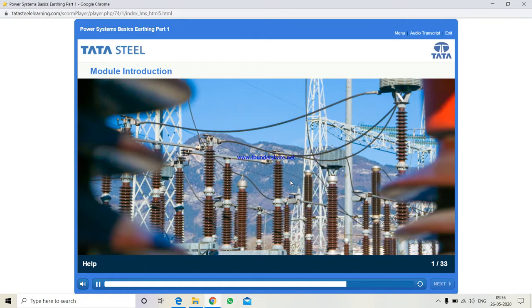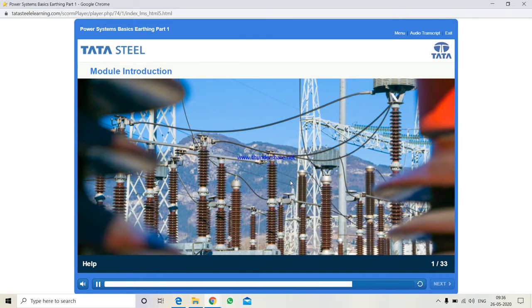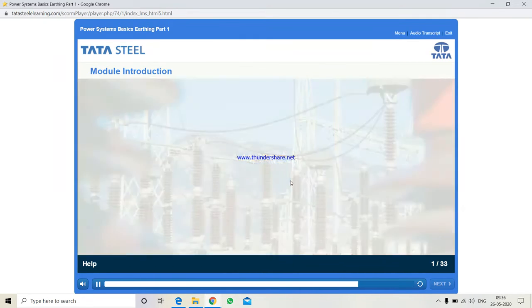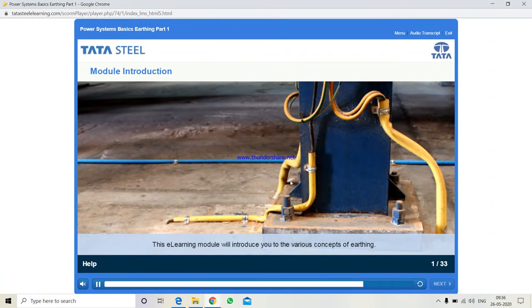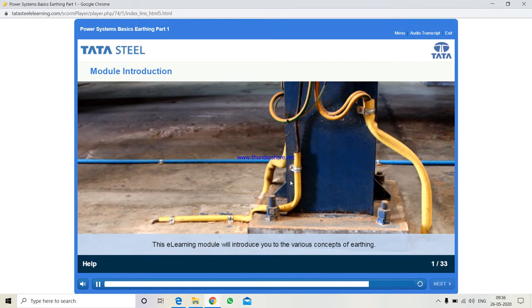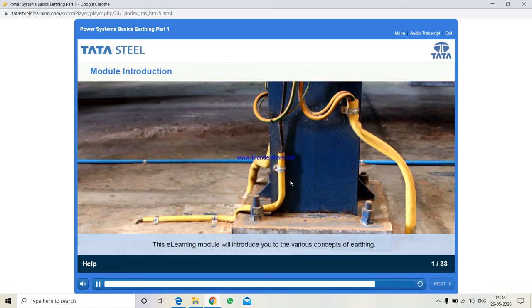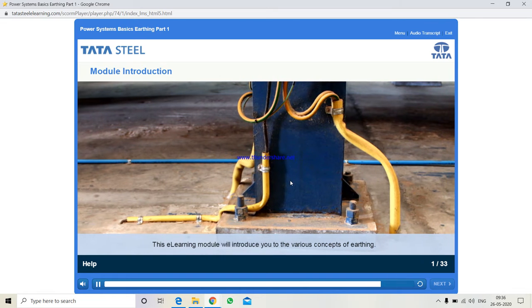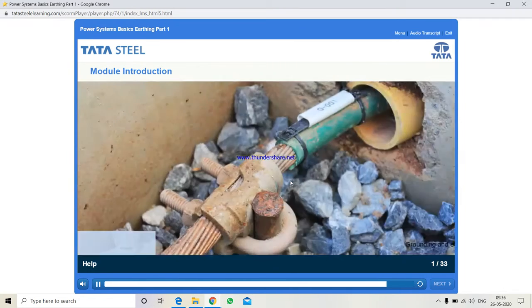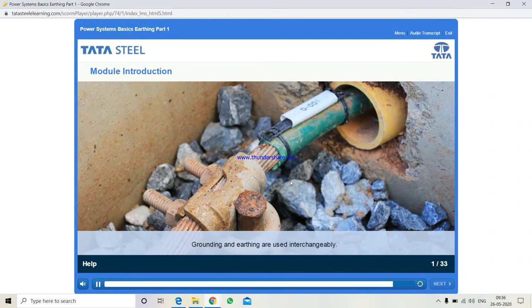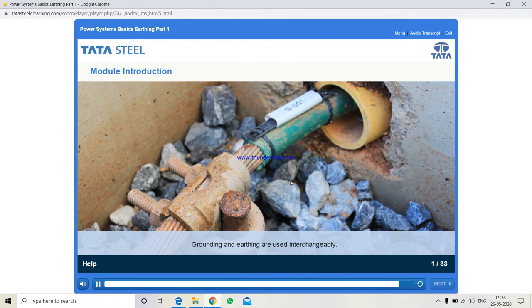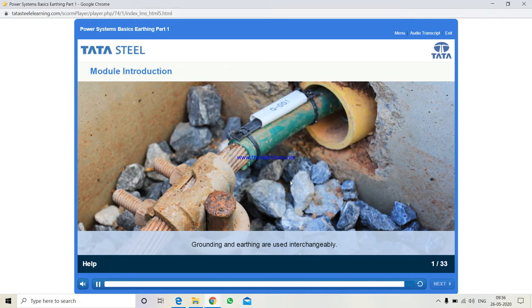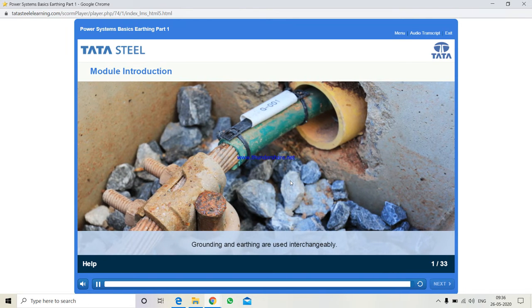And one thing among those that you must know is earthing. This e-learning module will introduce you to the various concepts of earthing. Before we proceed, please note that the terms earthing and grounding are used interchangeably in the context of Tata Steel, and hence the same will be followed throughout the course.